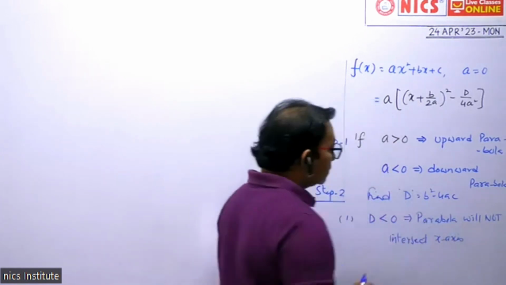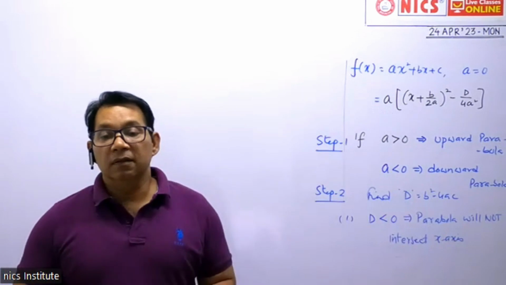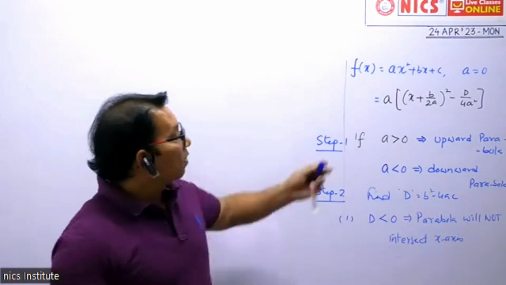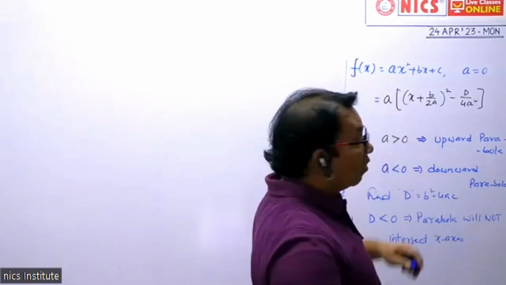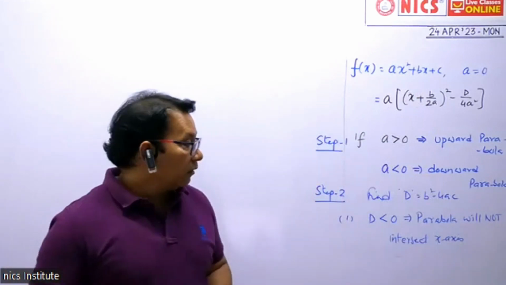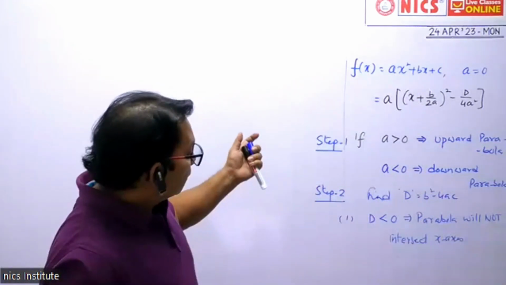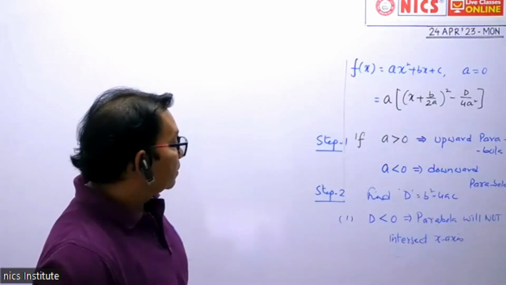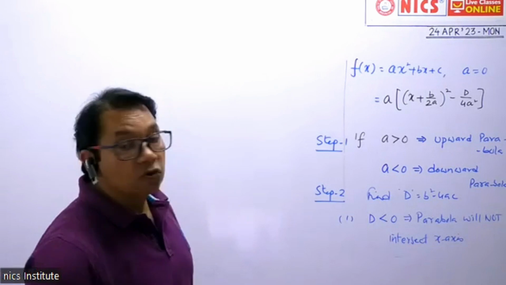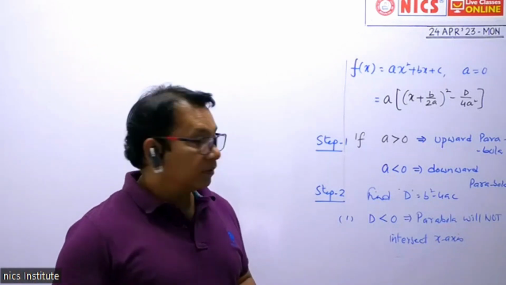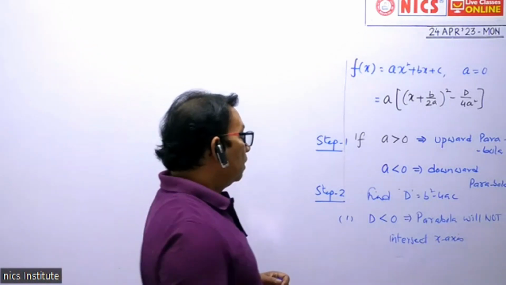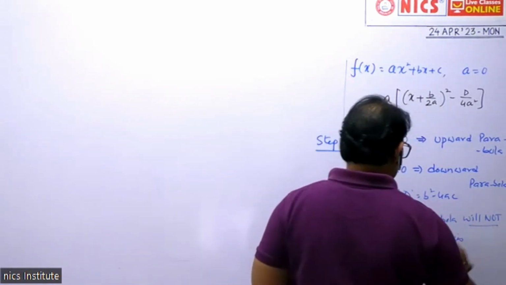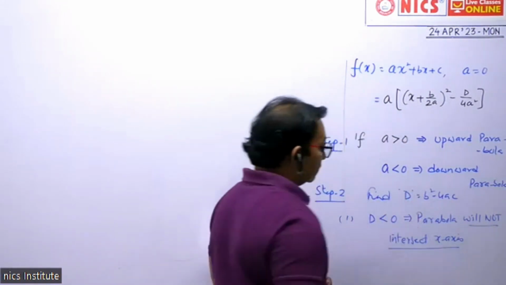That also means that the quadratic expression does not have any zeros, because the points where the graph intersects the x-axis are the zeros of the quadratic expression. So when D is less than 0, the parabola will not intersect the x-axis.